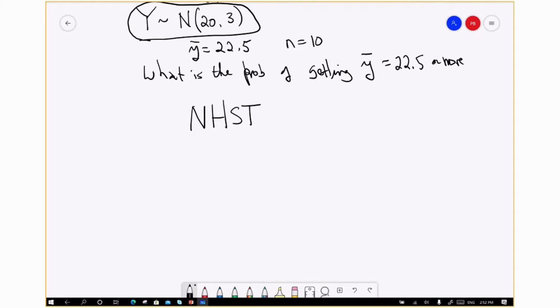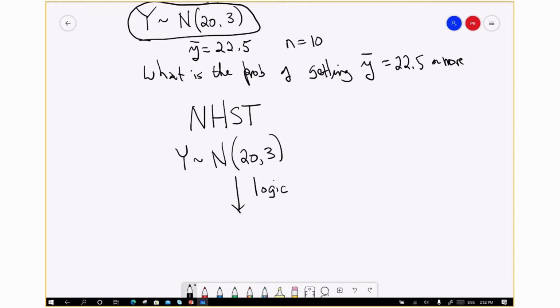The way this is going to work is we're going to start off with our assumption that y is normally distributed with mean equal to 20 and standard deviation equal to 3. Then we're going to go through some absolutely correct, perfect logic.